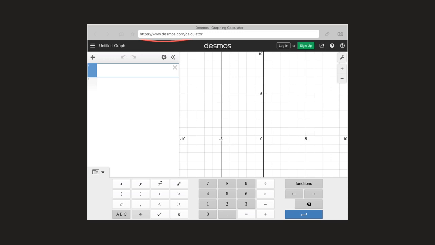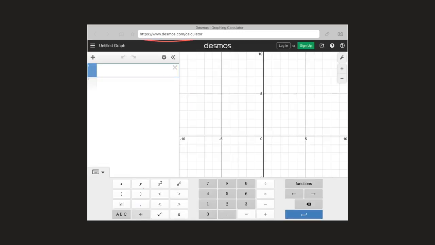I'm just going to get rid of that circle, and enter in y equals x, and then I need to put an exponent 2 on it. I can hit my a squared button, because that is my default squared exponent, and there is my graph.